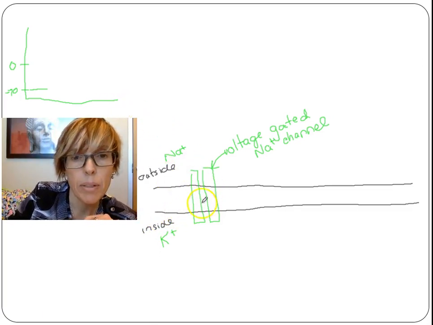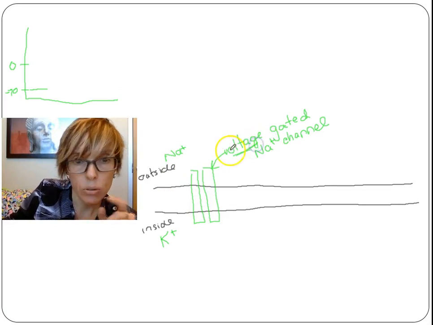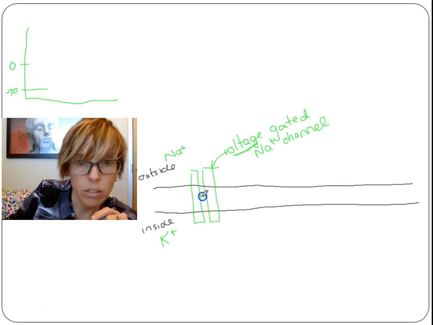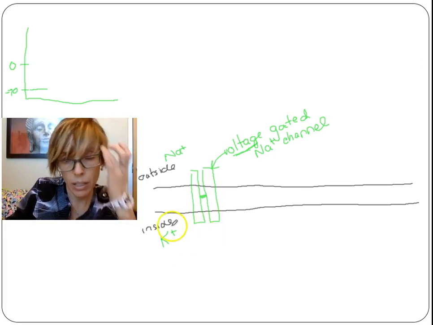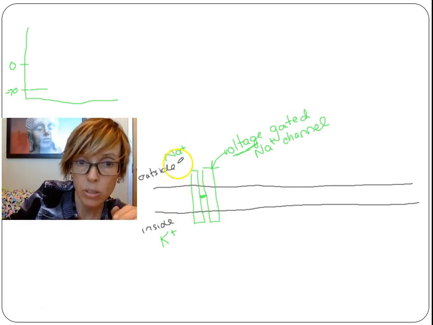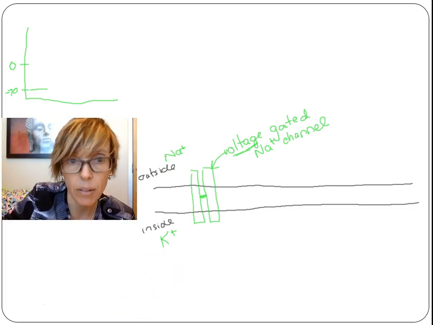What's going to happen with this is that when a certain voltage is reached, this is going to open up. Otherwise, there's a gate on it. And basically, as soon as it opens up, all this sodium is going to come flooding, and I mean flooding, right inside that cell.